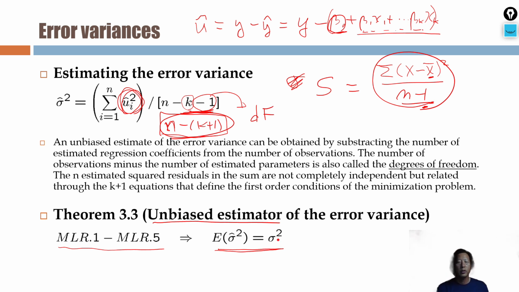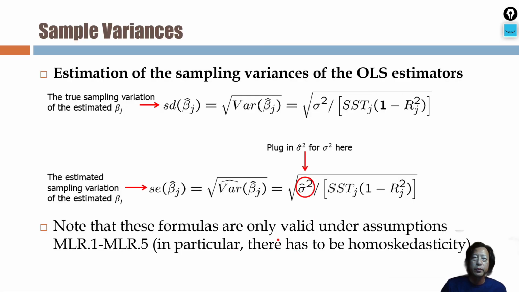This will be the unbiased estimator for the error variance. So, the estimate of a sampling variance. This is a sampling variance. So the standard deviation of this coefficient will be the square root of the variance. So this SD is a standard deviation.